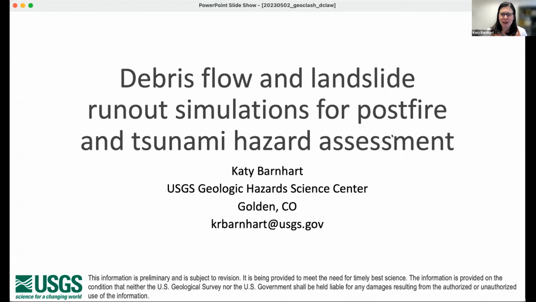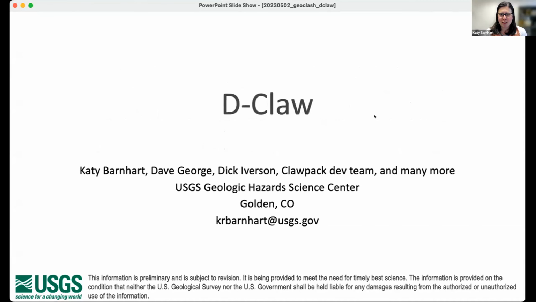Okay, so I'm going to talk about debris flows and landslide runout simulations for post-fire and tsunami hazard assessment, which could also just be called D-Claw. You'll see here in this second slide that there's a bit of an expanded author list that reflects the main folks who've contributed to this effort. And I think, as you'll see as I go through this, I'm mostly presenting work that was done by people who are not me.